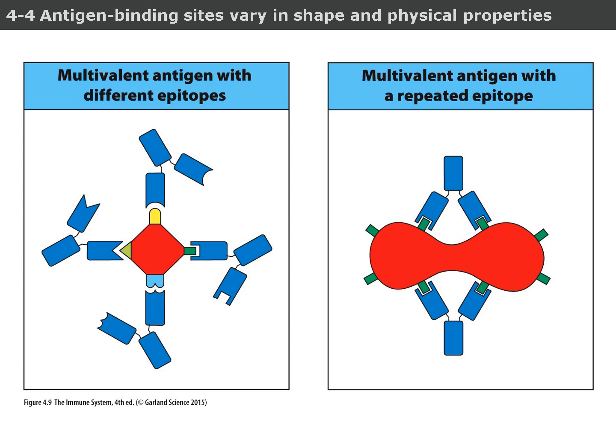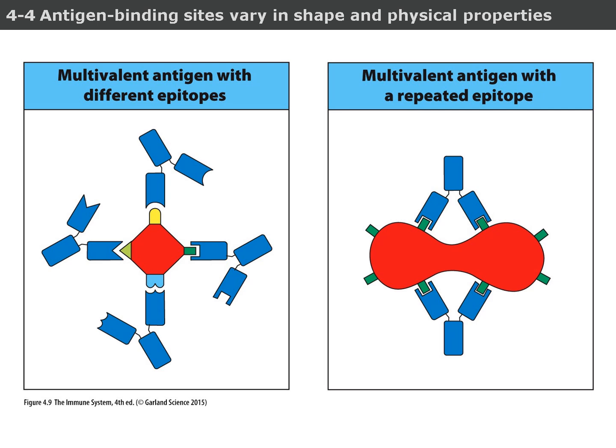On the right side, the illustration shows a multivalent antigen with a repeated epitope. In this case, the antigen has multiple copies of the same epitope, allowing identical antibody molecules to bind repetitively along the antigen surface.